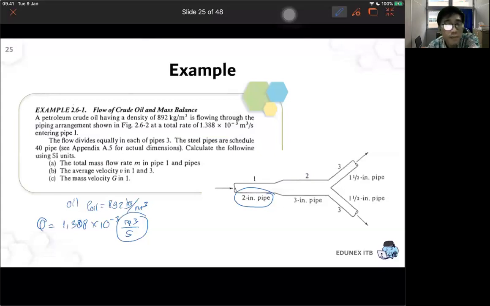Entering at pipe 1, and then along the flow, at pipe 2, the pipe has a higher diameter, with nominal diameter 3 inch. But then after flowing through pipe 2, the pipe is divided into the same size of 1.5 inch pipe diameters. And all the pipes have schedule number 40.